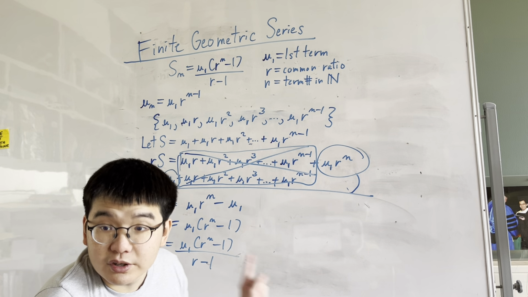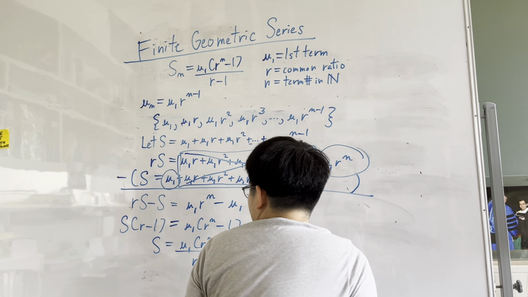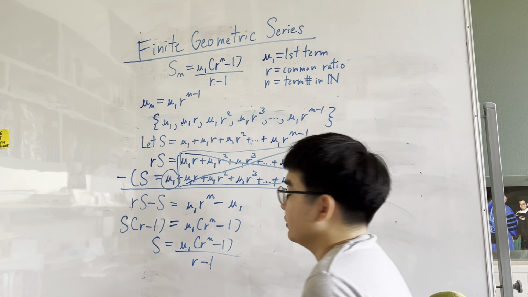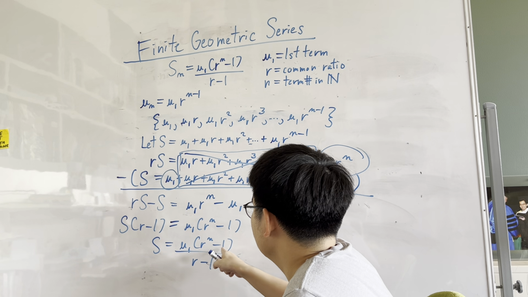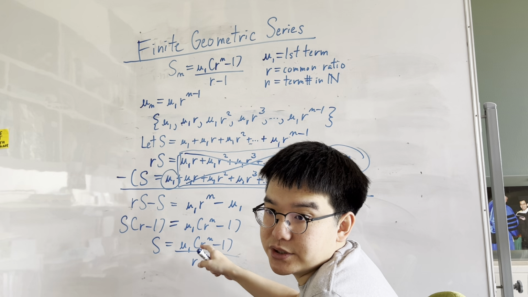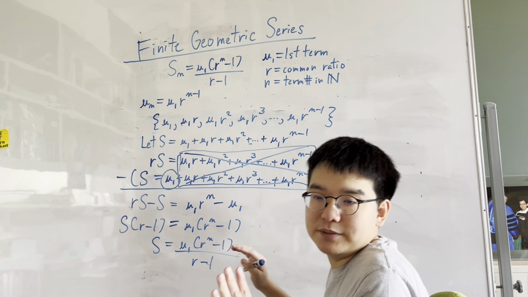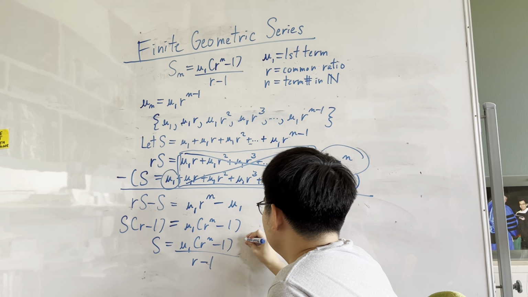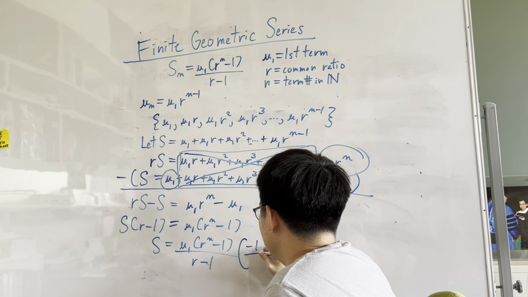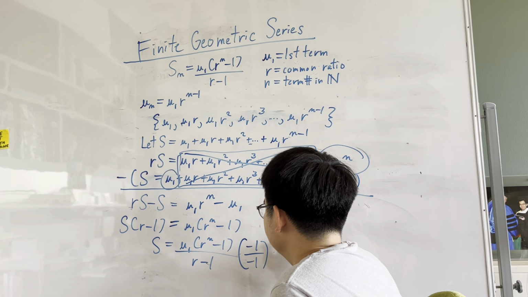You might also sometimes see this written in a different form. I'm not going to write it, I'm just going to show you how you get it right away. You would see the 1 and the r^n positions being reversed. That's fine, that still works, because all we did was take this expression S and multiply the top and the bottom by negative 1 over negative 1.